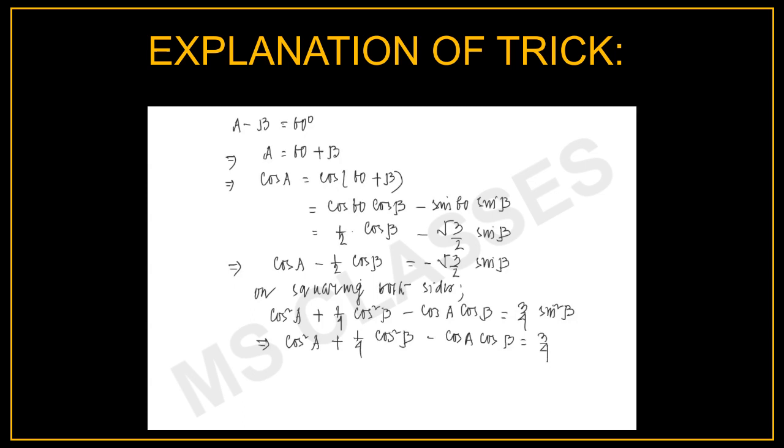Since we want to get everything in terms of cos square, we can write sine square b as 1 minus cos square. Now we take all the terms related to cos square on one side. So it is minus 3 by 4 cos square b. When it's taken on the left hand side, we get here cos square a plus cos square b minus cos a cos b equal to 3 by 4. So this is how we can even prove the other format also.